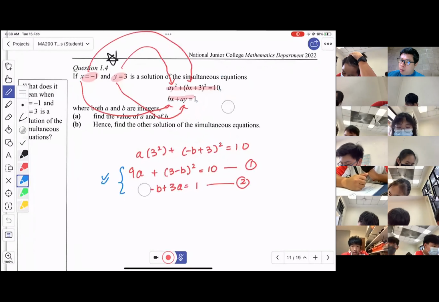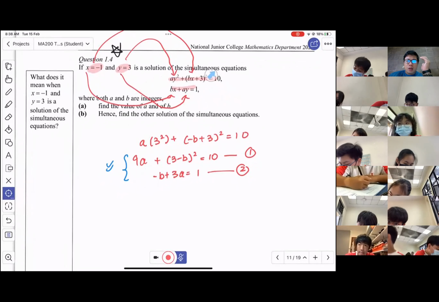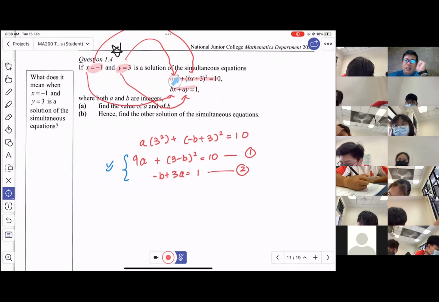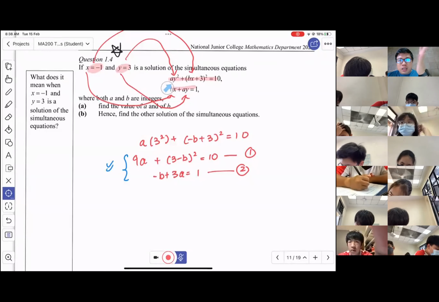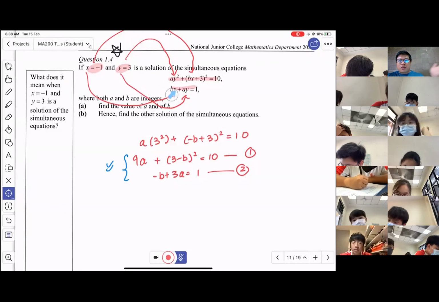So 1.4, once again, the idea is that when you are given a solution, instead of finding the x and y, we are actually finding the a and b. So a and b are coefficients and the solution is like one is the parent, one is the child. Sometimes we give you the parents and you find the child. Sometimes we give you the child and you find the parents.